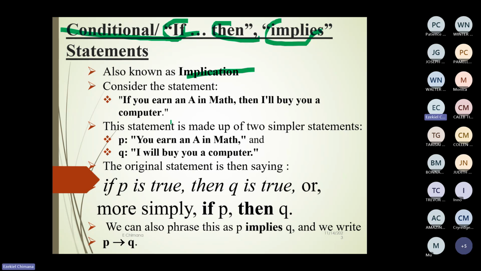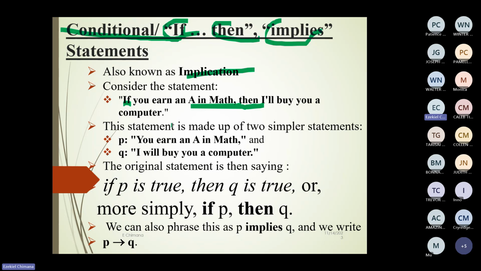The statement is, if you earn an A in mathematics, I will buy you a computer is the second statement. And then we are using if-then, or the implication. So there is now a condition. Once you meet that condition, you can enjoy the benefit or something is going to happen.